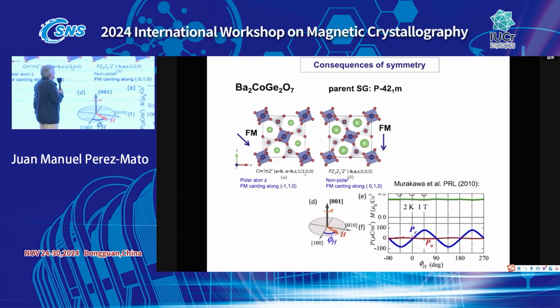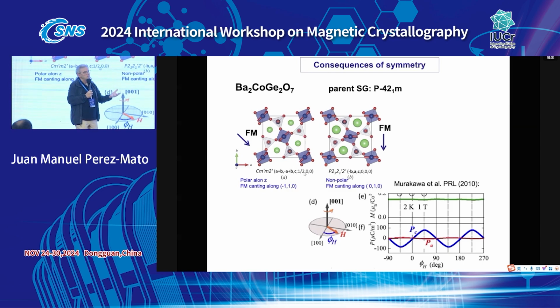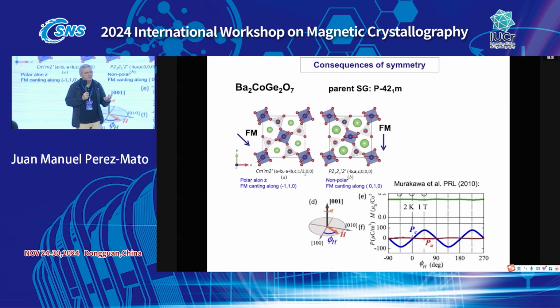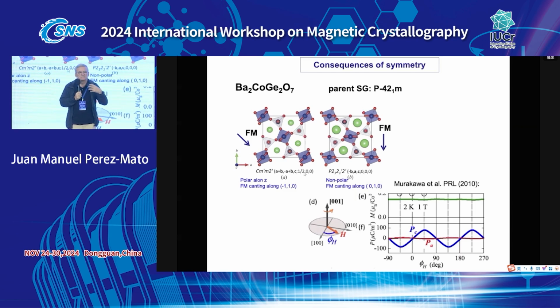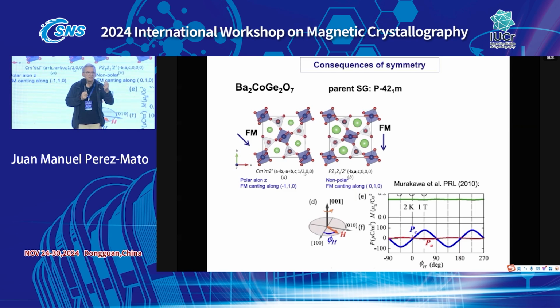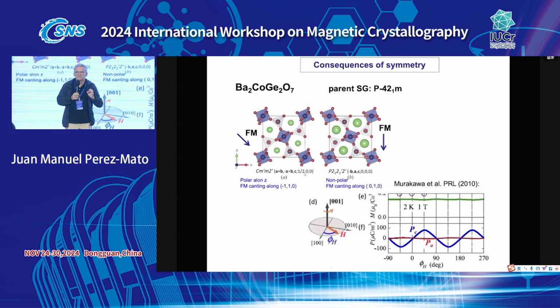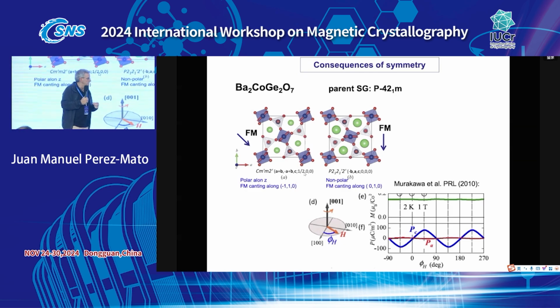And the point is that they tried to explain what was happening by means of a microscopic mechanism. I don't remember exactly which one. But the point is that if you take the magnetic space groups that correspond to one orientation and the other, then the reason is really clear.